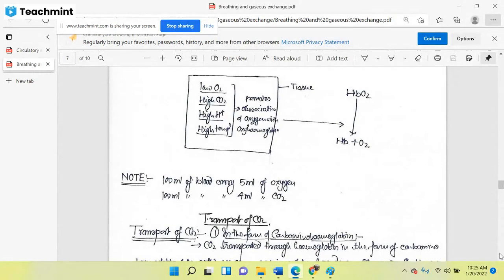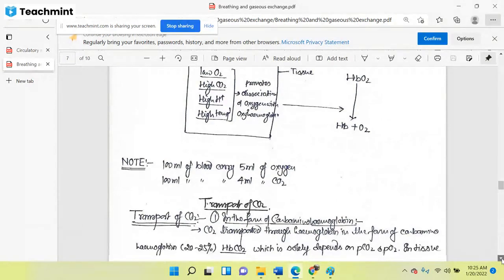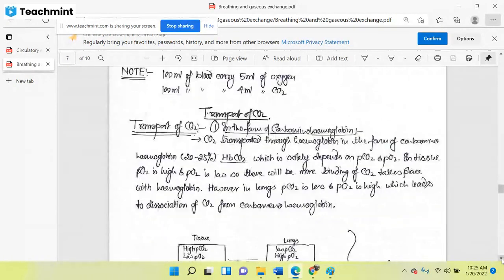Now we'll come to the most important aspect of this chapter, transportation of carbon dioxide. In the beginning I told you this one is very complicated, and based on this, several questions are asked in several competitive examinations too. So here we will see how the carbon dioxide will be transported.